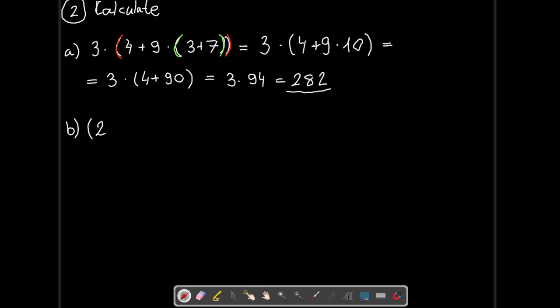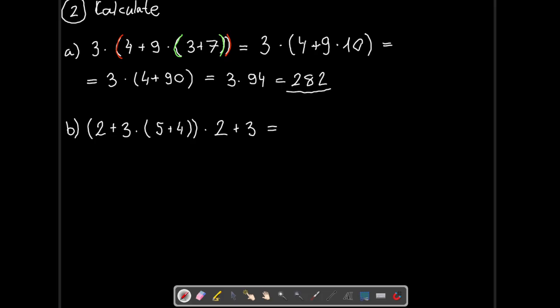Alright, next example. We have a bracket 2 plus, no, we have 3 here. 3 times 5 plus 4, times 2 plus 3. Okay, once again we have brackets inside brackets.